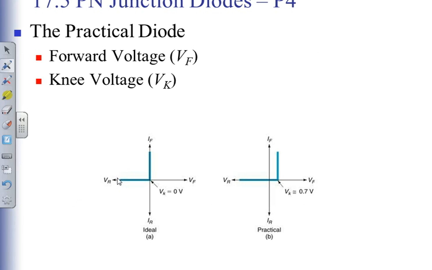So I have a situation where I'm either on or I'm off. In the real world, there's a forward voltage that has to be applied before it turns on. We call that knee voltage, VK for knee, and it's 0.7 for a silicon diode.